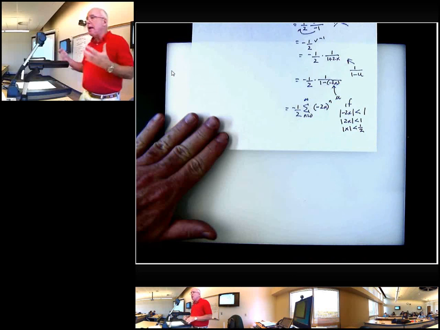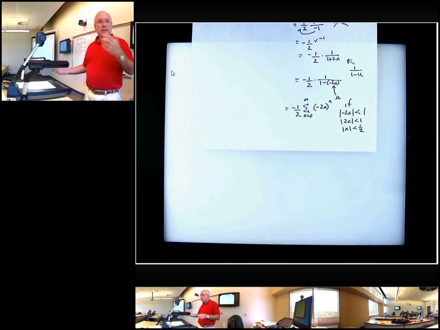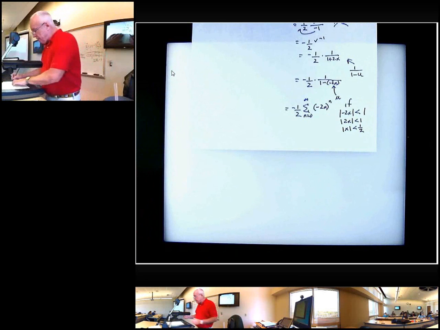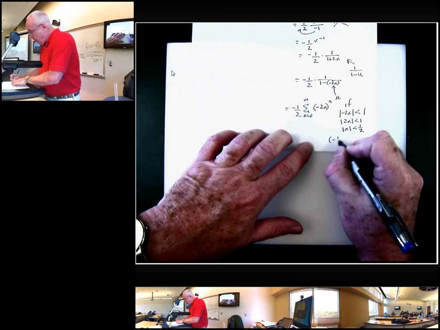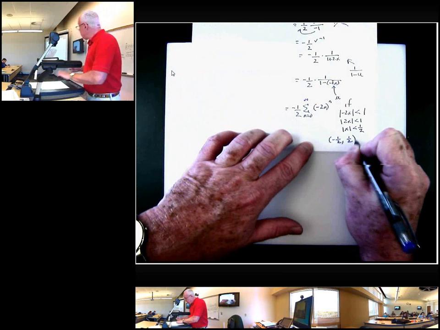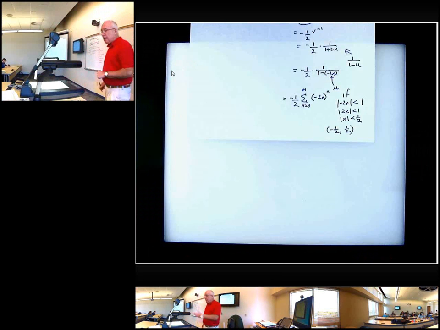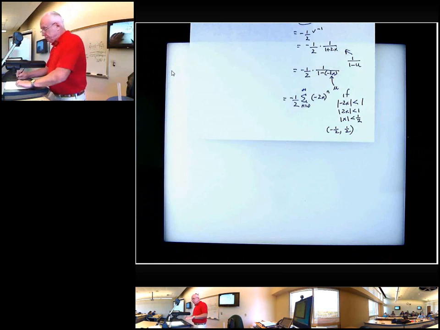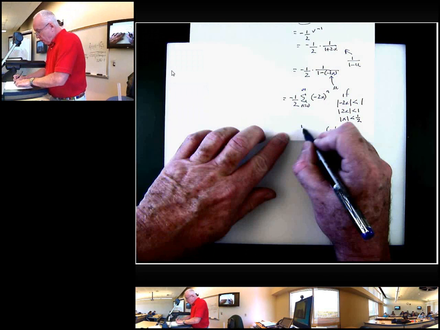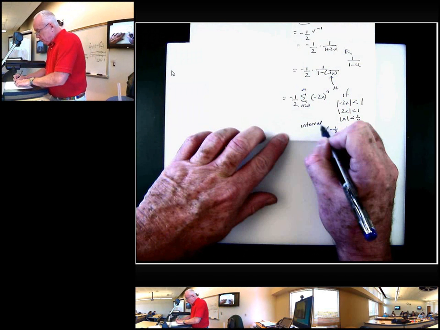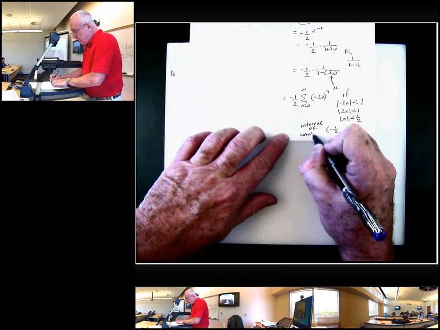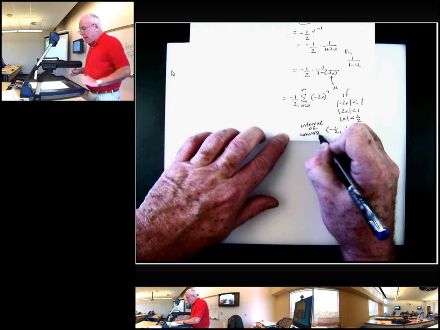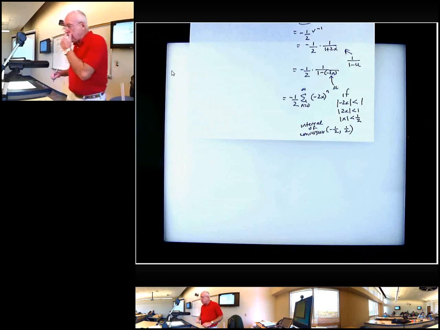So therefore, my x's are squeezed between positive 1/2 and negative 1/2. Like this. And that would be my interval of convergence. Okay, but we're not quite finished with this problem yet.